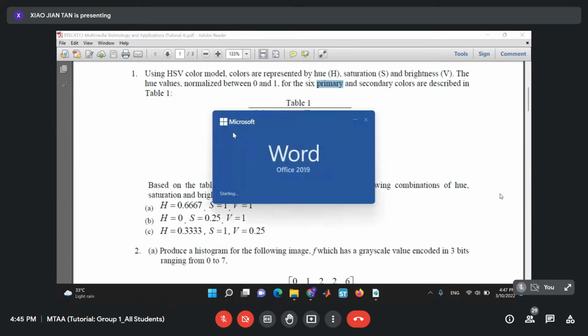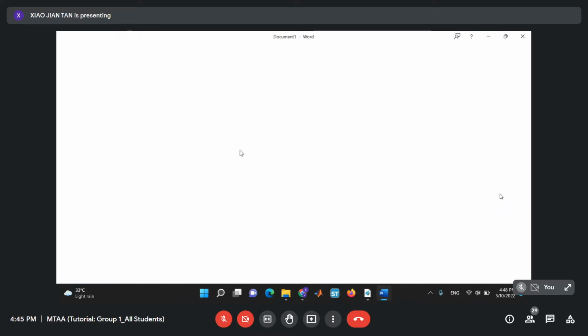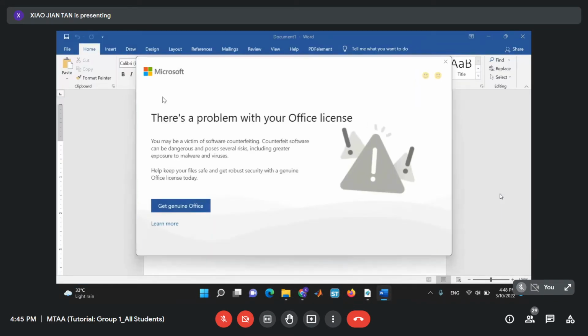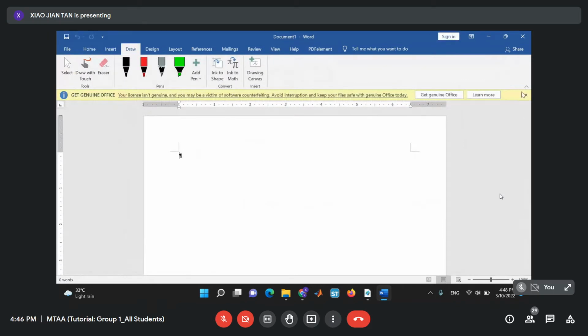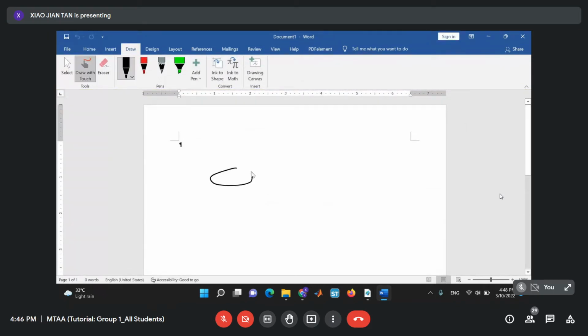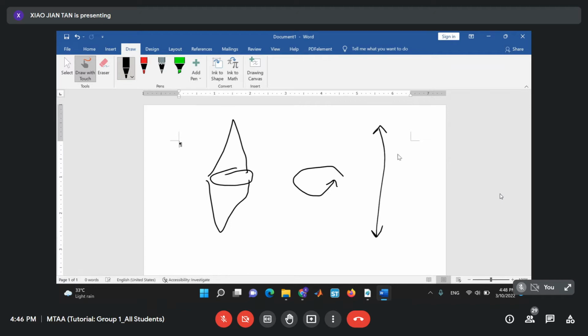It would be something like a cone shape or a rectangle shape, something like this. The degree here would be the H. The height would be either V or I, and how far it is from the origin would be the saturation.